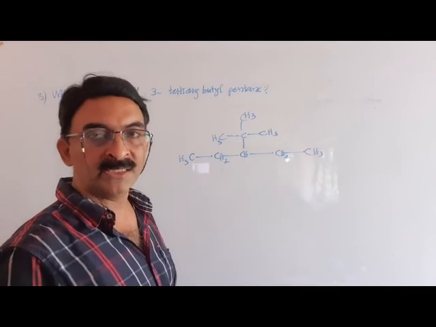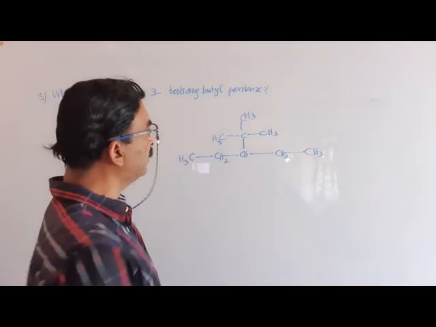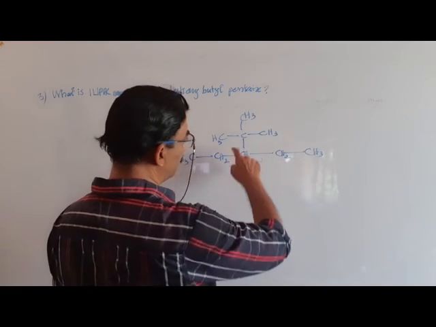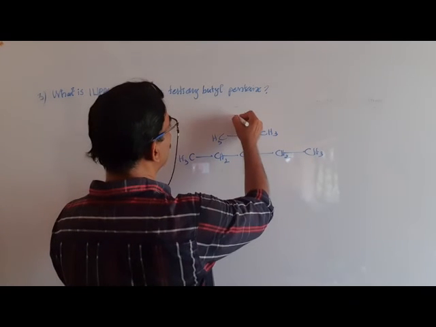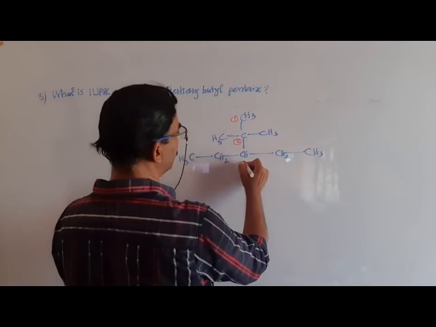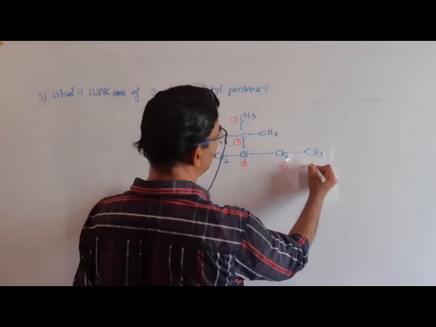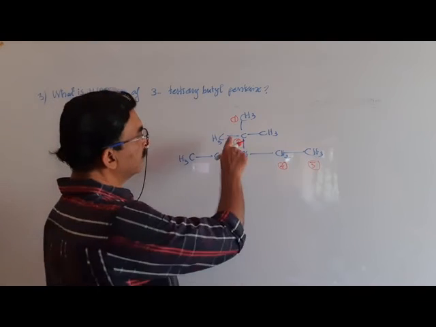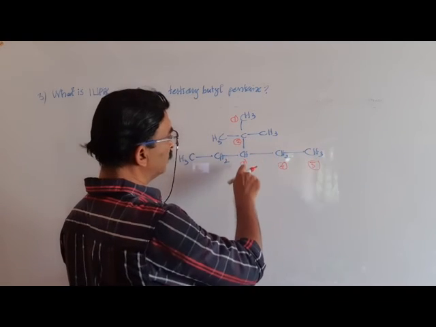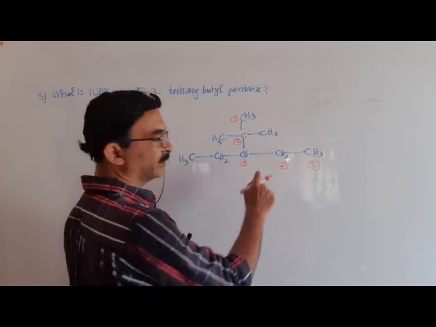And number in such a way that the locant carbons get the minimum number. You shouldn't number from here, you have to number from here. So this will be 1, this will be 2, this will be 3, this will be 4, and this will be 5. Okay, now we can easily name it. There are 2 methyl groups on carbon 2, there is 1 ethyl group on carbon 3, isn't it?